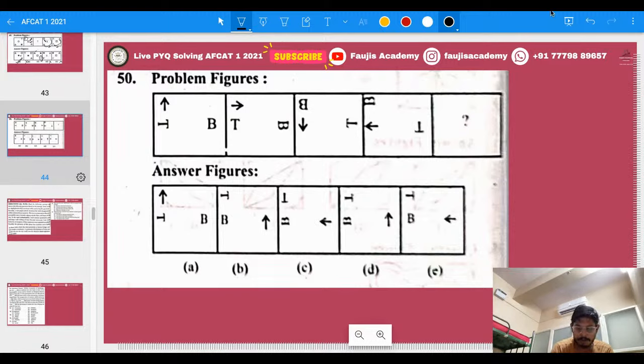What do you guys think about question number 50? Who all are here, guys? I want an answer to question number 50.